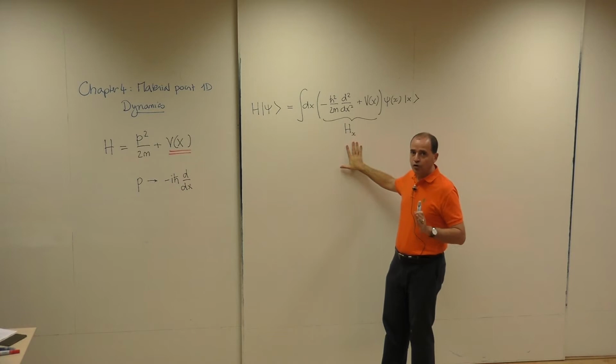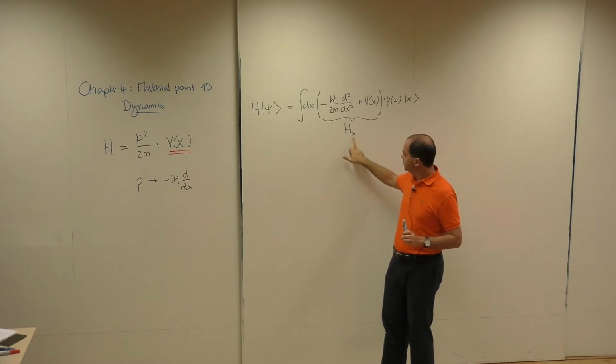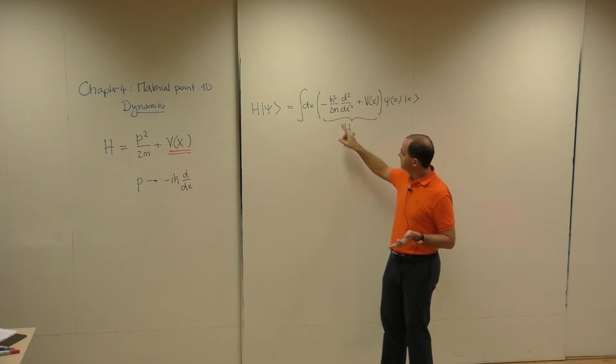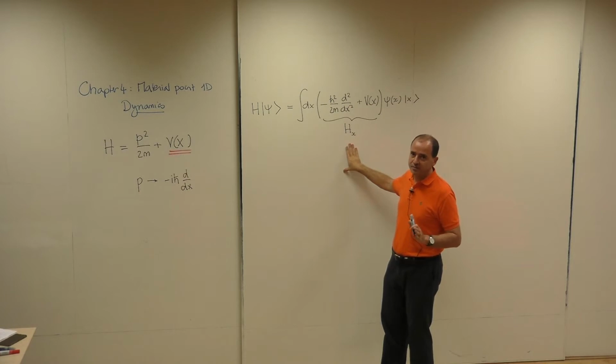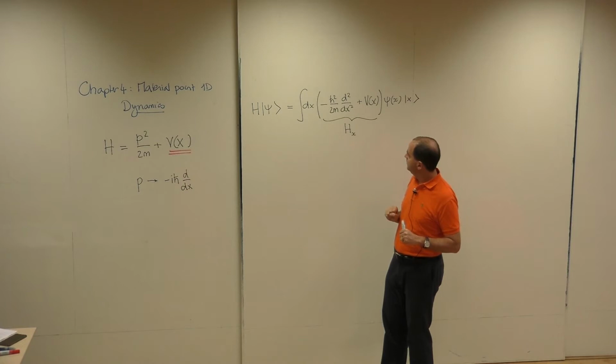But I repeat, no textbook will ever use this notation. And I may myself sometimes call this thing just H instead of H_x. In the lecture notes, I think I've been systematic, at least in this chapter, to call it H_x, this particular object.